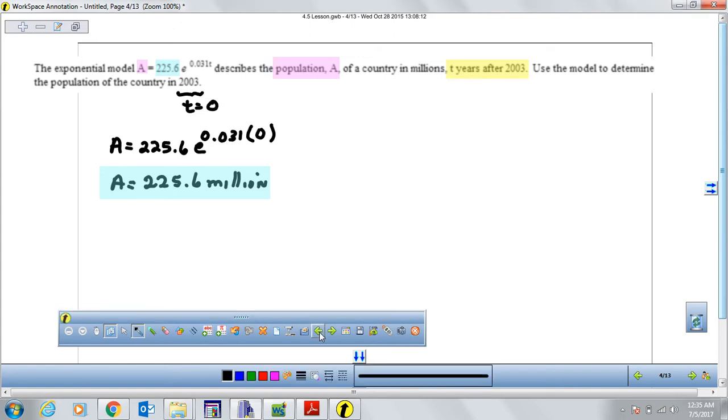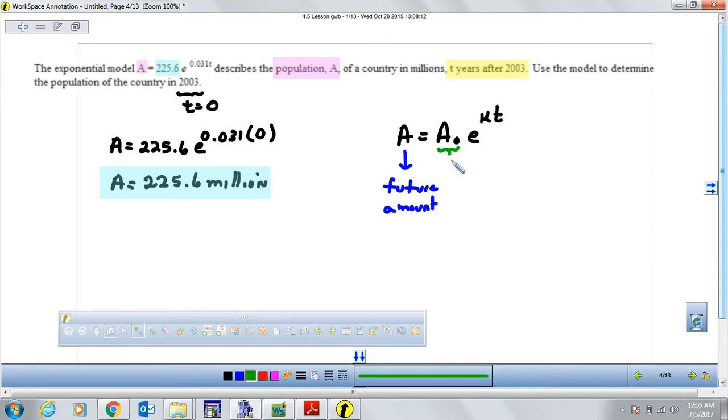Let me go back to the actual formula. The formula for exponential growth and decay is A equals A sub 0 times e raised to the kt, in which the A represents the future amount and the A sub 0 refers to the amount at time equals 0.